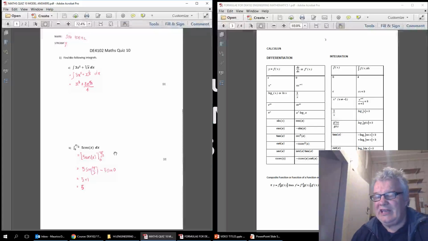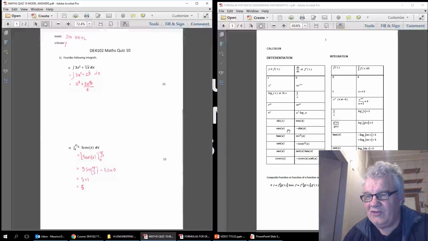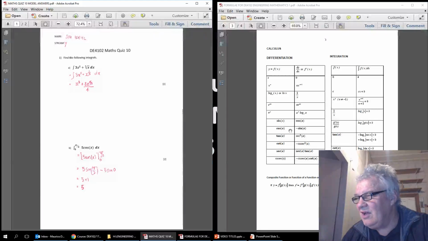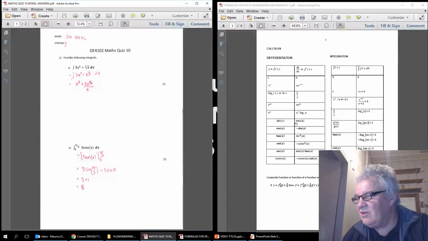5 cos x, if we just look over here, we can see that cos x becomes minus sine x. Oh, sorry, no. If we've got cos x as the answer, then that means that we've differentiated sine x.